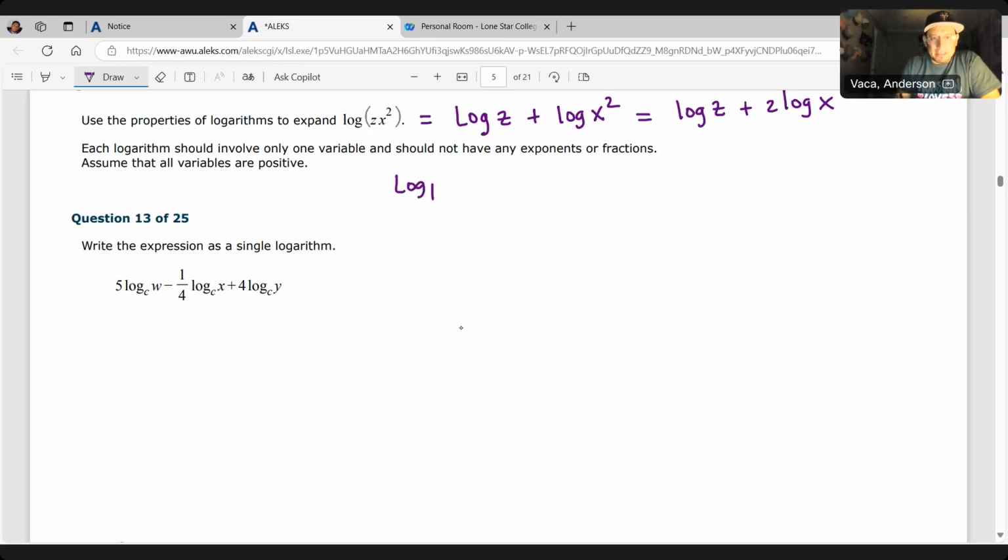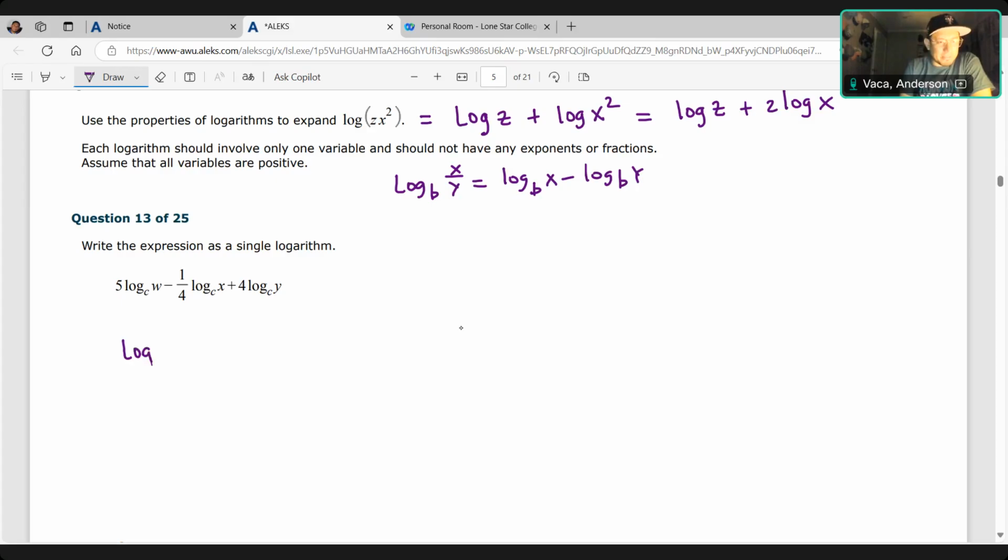The logarithm base b of x over y is equal to the logarithm base b of x minus the logarithm base b of y. So basically a division in the argument turns out to be a difference. All right, so what can we do here? The first thing I notice is these coefficients in front of these logarithms, and these coefficients will become exponents.